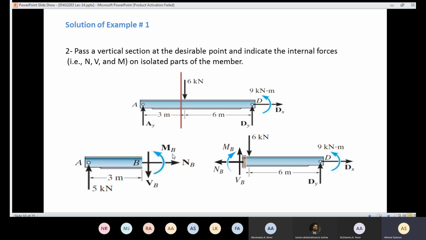Those senses here are positive to those ones here. So which one should I choose? Should I choose the left part or the right part? For me personally, I'm going to use the left part because it looks easier, and I already calculated AY here. So now I'm going to choose that part in order to calculate the internal forces.